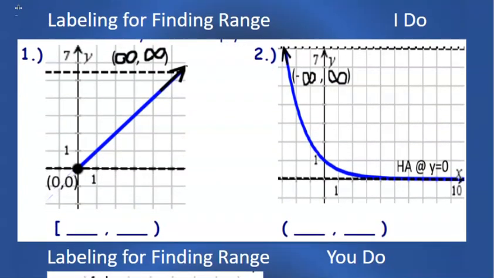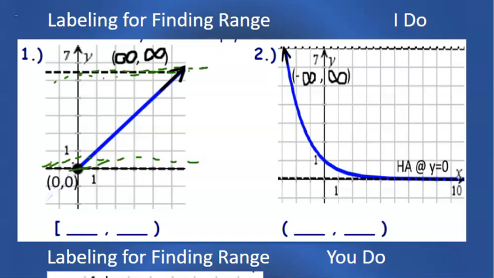Labeling for finding range. So for finding range, that's down, up, y. To find that, you're going to want to label the lowest point and the highest one. You draw two horizontal lines.